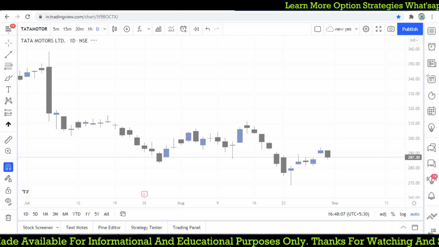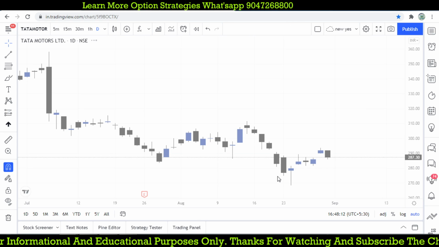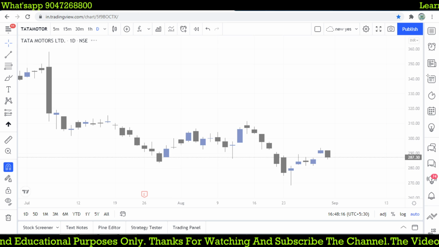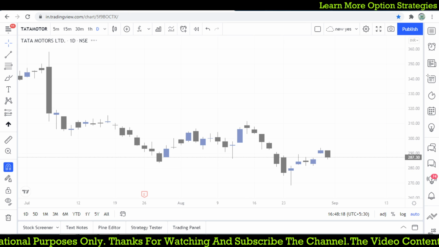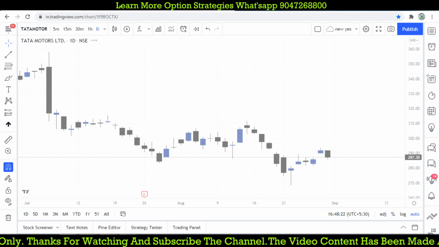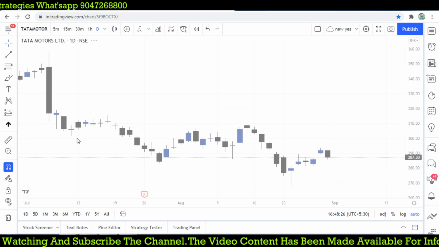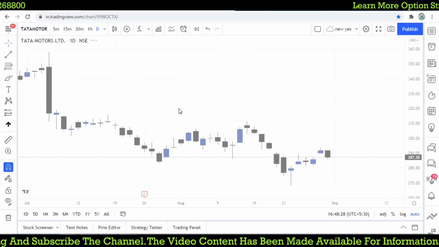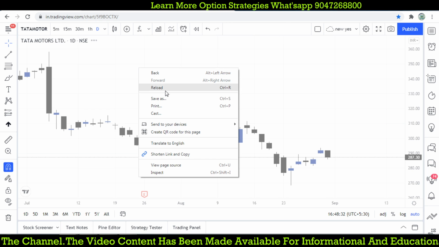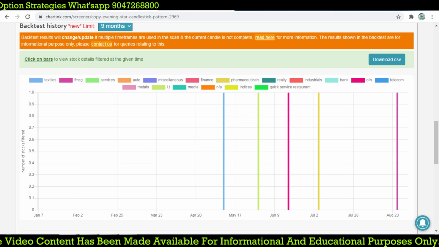The date where it forms is around 6/7/2021. It's not loading right now. The internet is not good. Everything is working fine now.